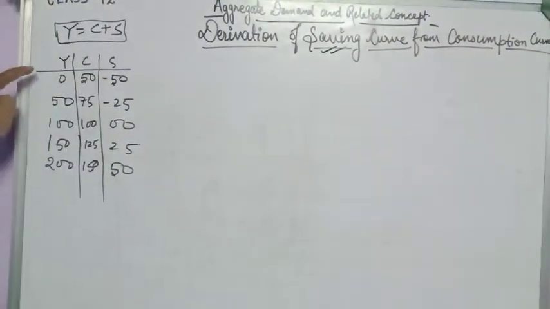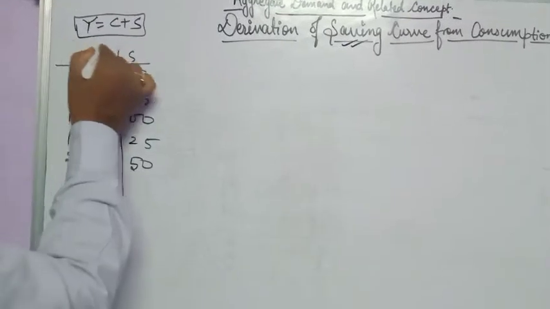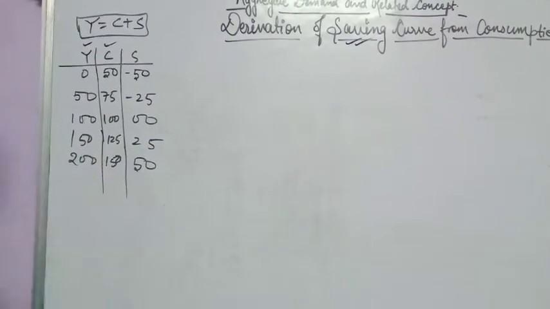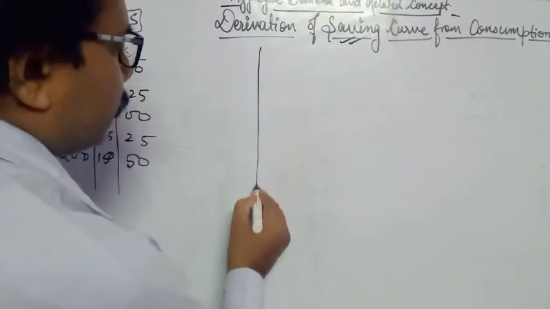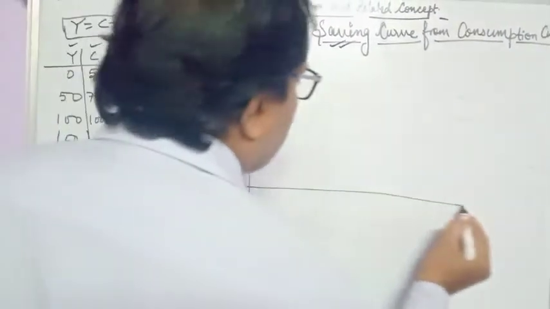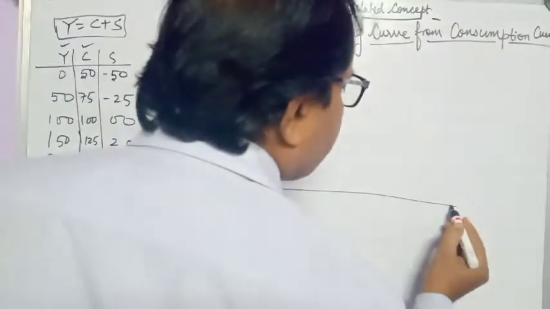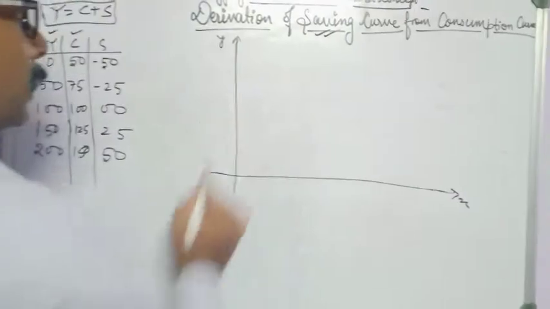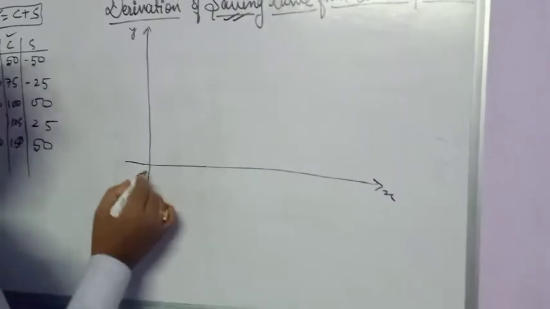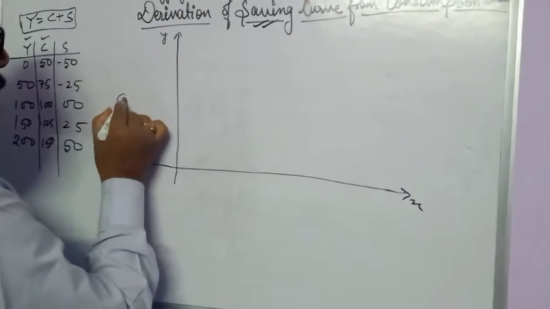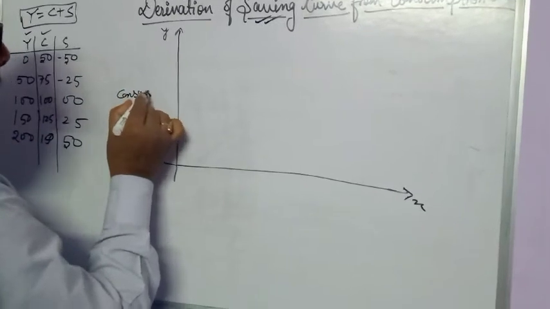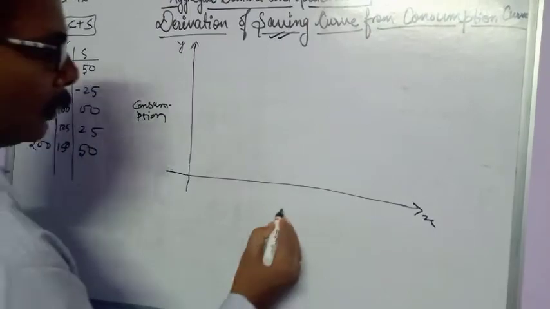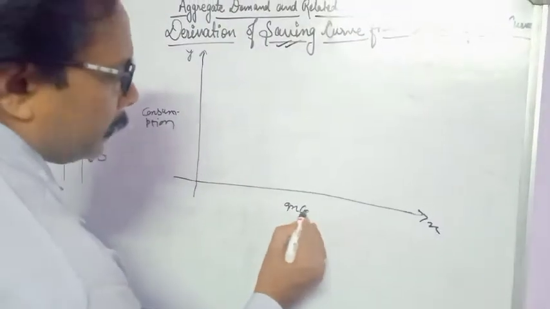First of all, I am going to make the consumption curve with the help of the given data. There are two axes, one is the x-axis, the other is the y-axis. Is it clear? On the y-axis, consumption is given, and on the x-axis, income is given.